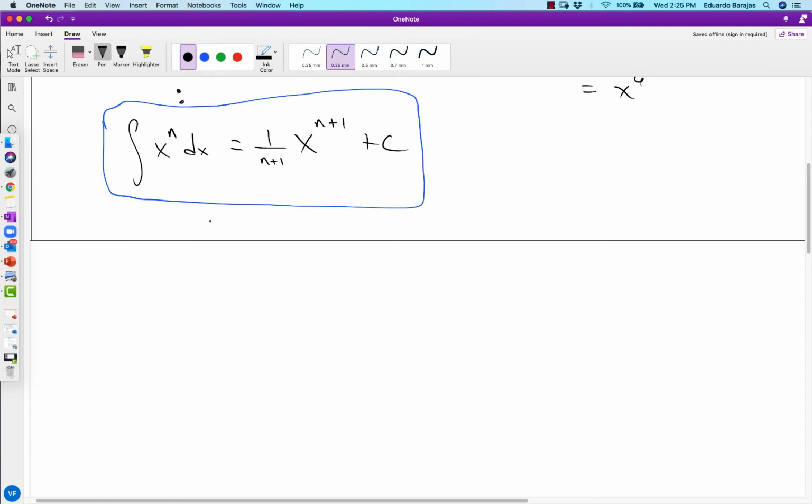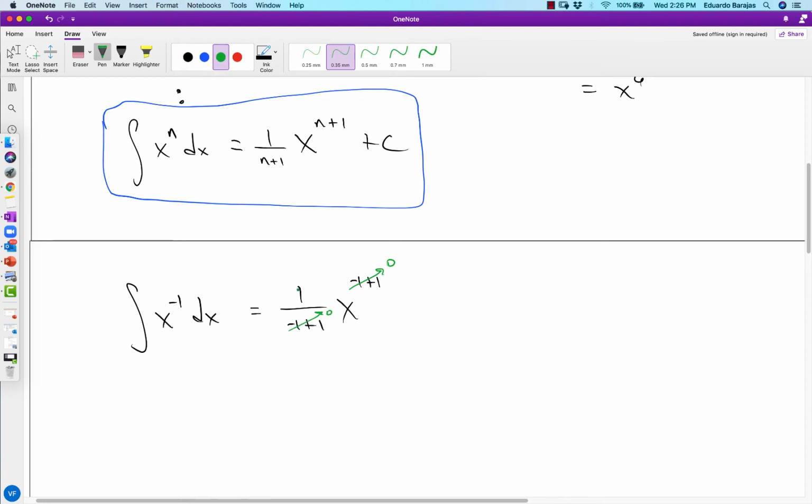Notice, however, that we do have a problem in a particular case. Consider the situation where we have the integral of x to the power of -1 dx, and then we follow our little pattern. Okay, so that's going to be x to the power of -1 plus 1, but then that becomes 0, right? So then the exponent becomes 0, and then following the pattern, this would be 1 over -1 plus 1, which becomes 0.